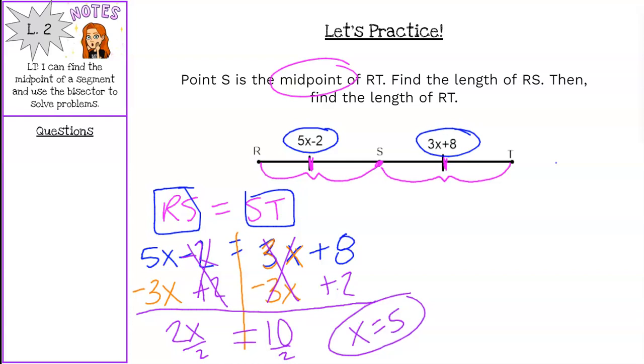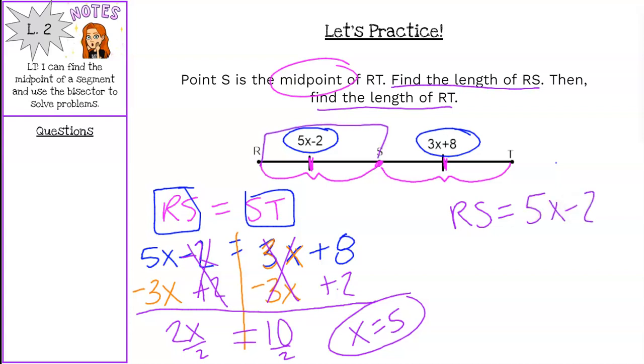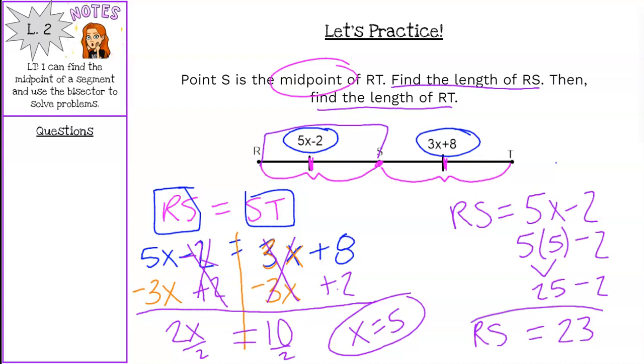Now that's not what we were asked for. We were asked to find the length of RS and the length of RT. So we know that RS equals 5x minus 2. So if I know that x is 5, I can put 5 in for x and solve for RS. 5 times 5 is 25. 25 minus 2 is 23. So I know that RS equals 23.